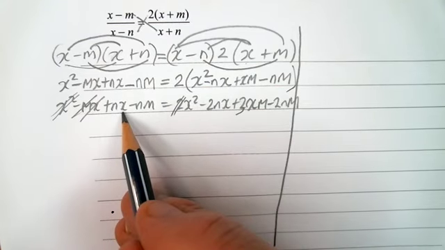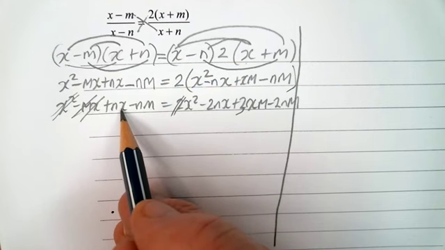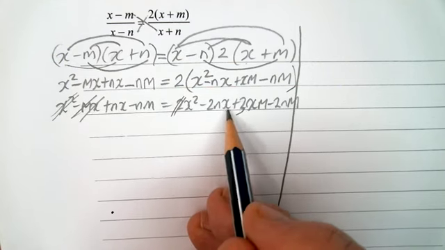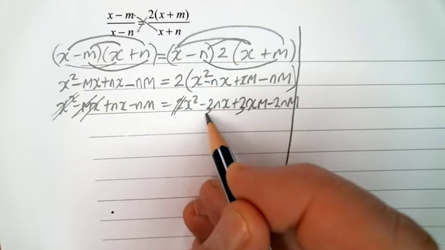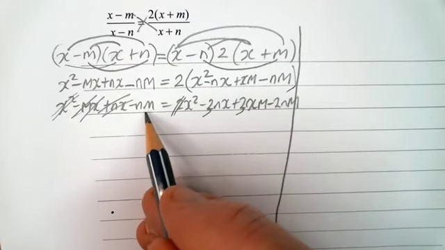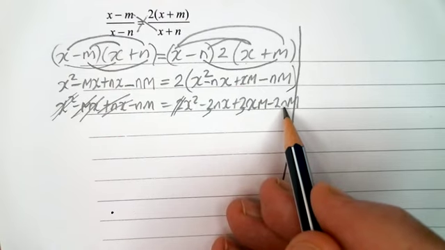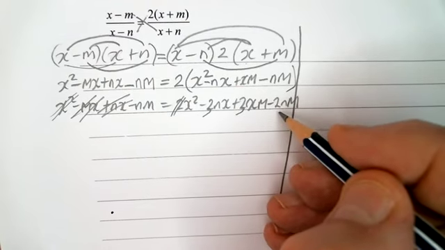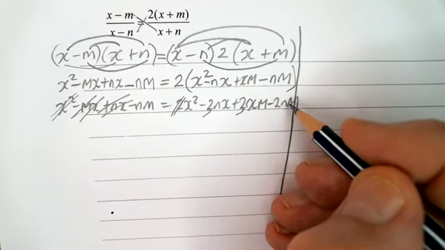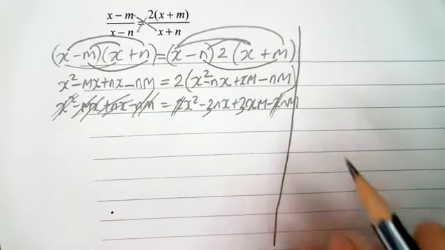Then I've got an nx. If I subtract nx from both sides, I'm going to get 3nx. And I've got a negative nm here. If I add nm to both sides, I'm going to end up with just nm on this side.